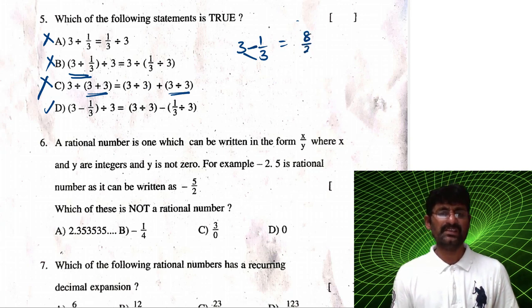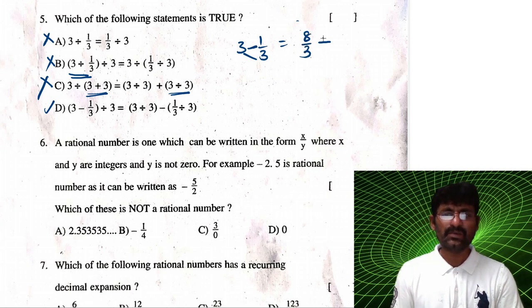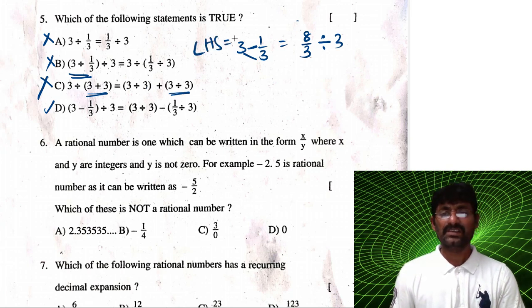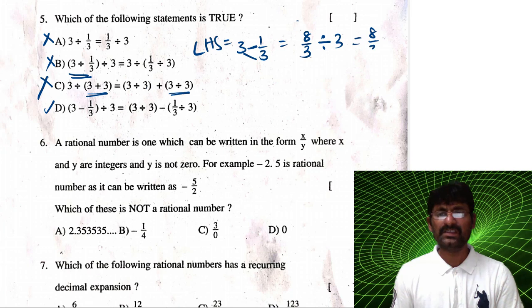So 8 by 3. Now 8 by 3 divided by 3. This is LHS as you see. This is equal to 8 by 3. Instead of divided by, if you write times, then take the reciprocal of 3, that is 1 by 3. So this is equal to 8 times 1 is 8, divided by 3 times 3 is 9.